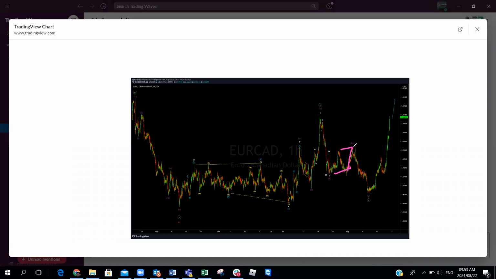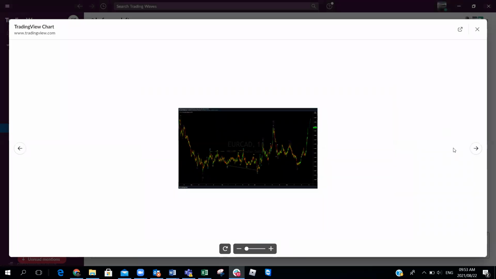We forecasted the risk to reverse here and a move to the downside. Now look what happened. It does not matter what the fundamental news was. We had the RBA and I think the RBNZ rate announcement during the week, but even that did not affect the structure. Okay, so let's have a look at the next one.